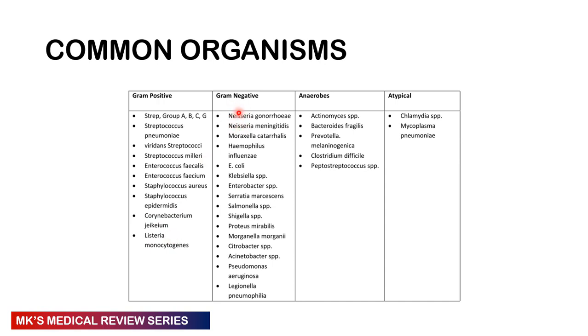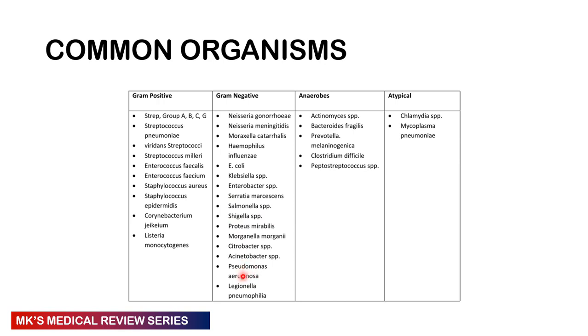Then, of course, the gram-negatives: you have your Neisseria gonorrhoeae and meningitidis, Moraxella catarrhalis, Haemophilus influenzae, E. coli, Klebsiella species, Enterobacter, Salmonella, Shigella, Proteus, and so on and so forth.